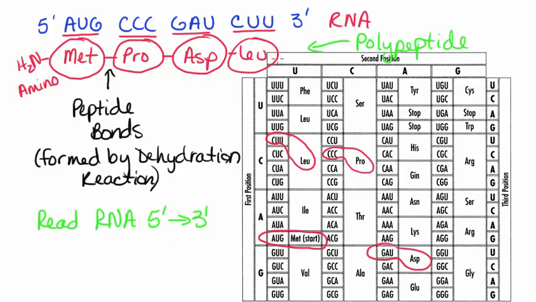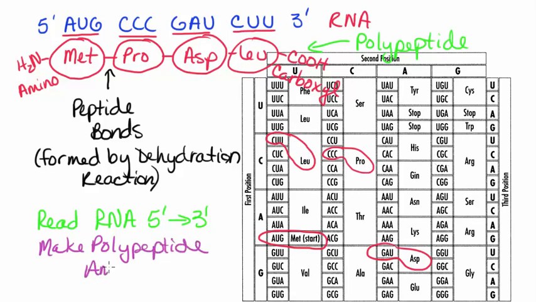And then over here on the leucine side, or the last part that we make, what actually lines up with the 3' end, that's going to be the carboxyl end, or the carboxy terminus. Okay, so I'm just going to write that in there. And so if we use the same kind of terminology down here, we read the RNA 5' to 3', and we make the polypeptide amino to carboxy.